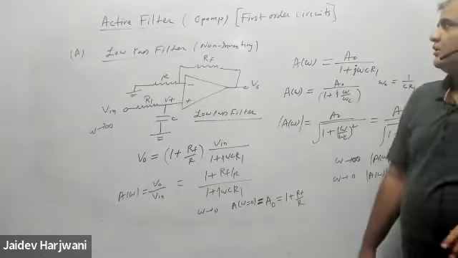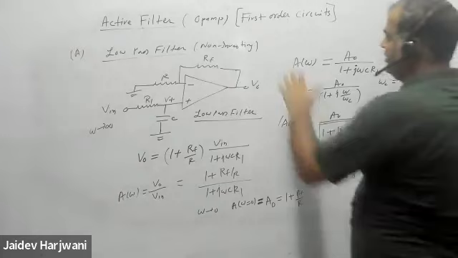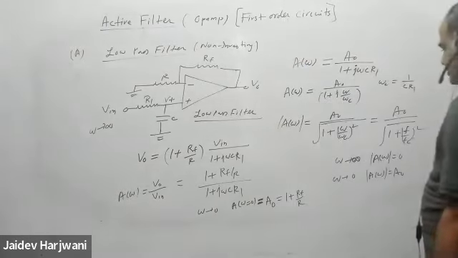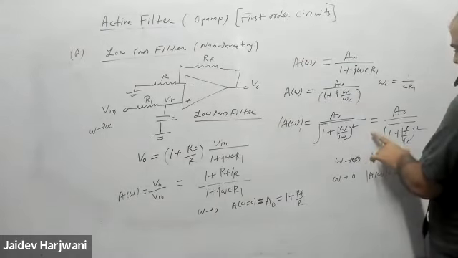Now I want to discuss some more things here. Why is it called a first order circuit? So this is my formula for gain.